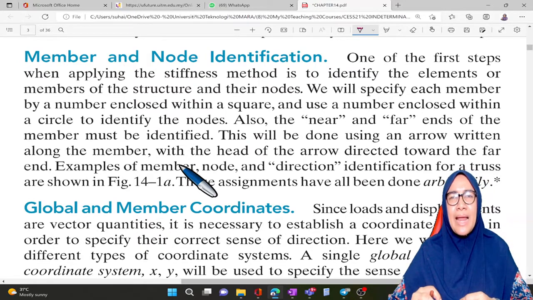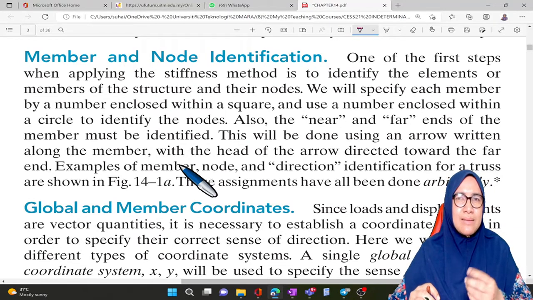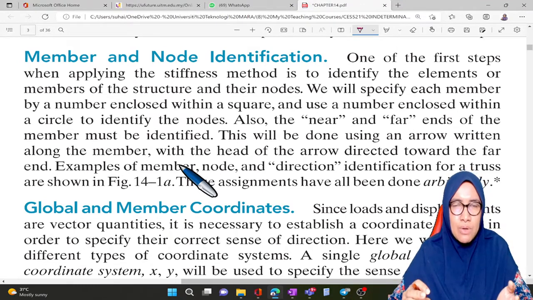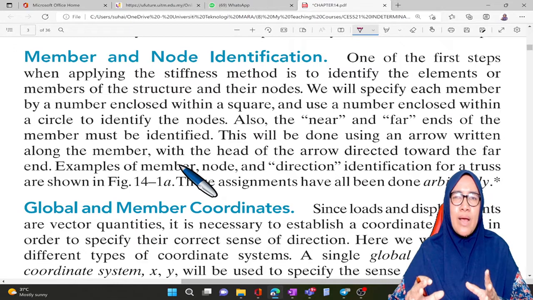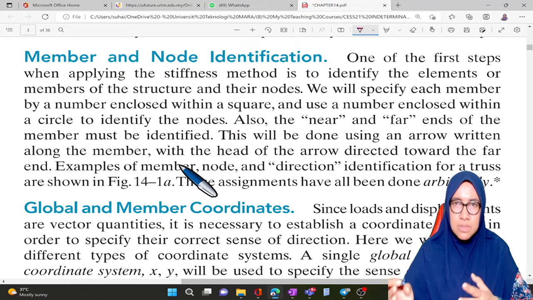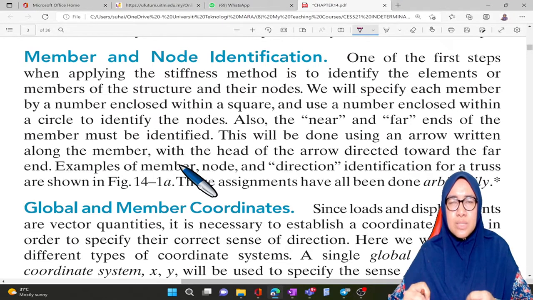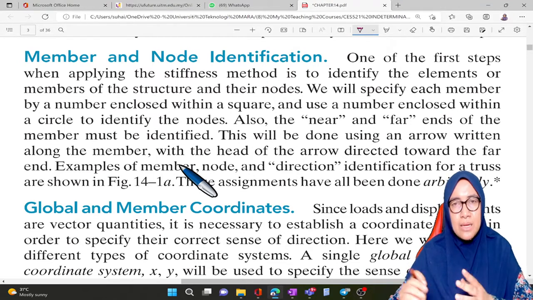We label elements using numbering as well. Member is element. Because when we use software, we normally build a model with 1,000 elements, maybe 1,000 nodes. It is a huge structure, so we cannot use ABC in the software.